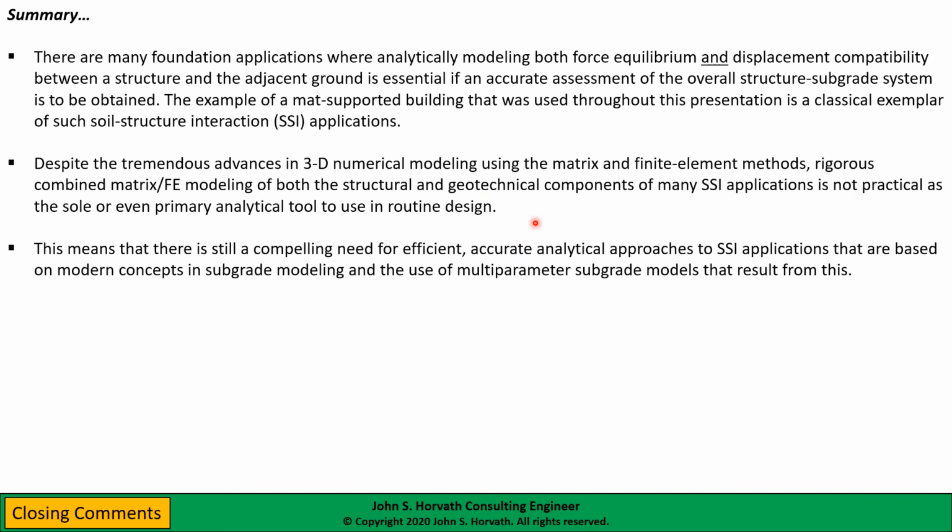What that means is in this day and age, in 2020, in the 21st century, there still is a very compelling need for efficient, accurate, alternative analytical approaches to soil structure interaction applications that are based on subgrade modeling and the use of subgrade models. And nowadays, these must be multi-parameter subgrade models.